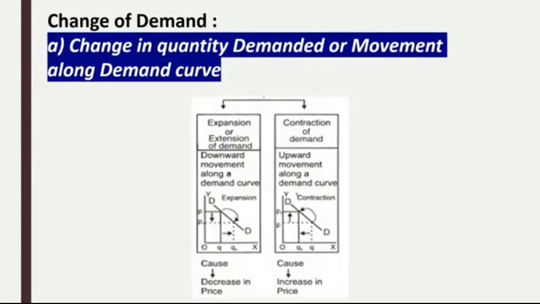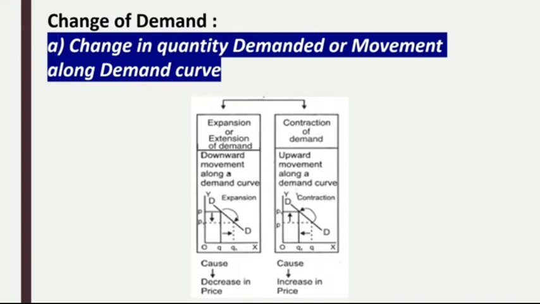Now the next topic is about change of demand. As you can see, change in quantity demanded or movement along the demand curve. What are the causes? Expansion or extension of demand: a downward movement along the demand curve. If there is expansion, its cause is a decrease in price. And if there is contraction of demand, then there is an upward movement along the demand curve, and its reason will be an increase in price.